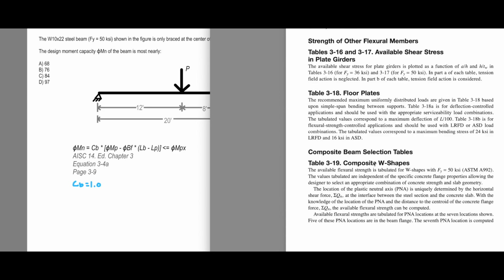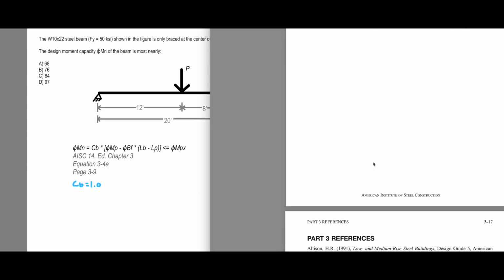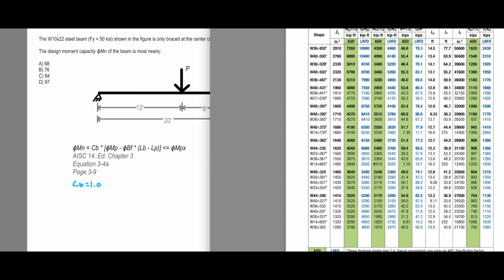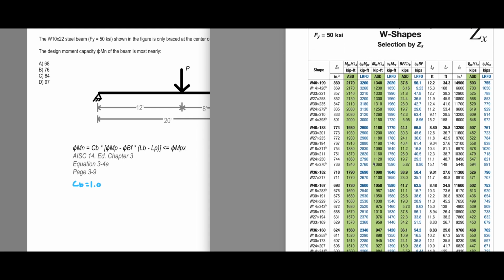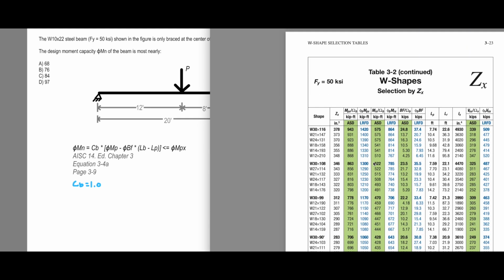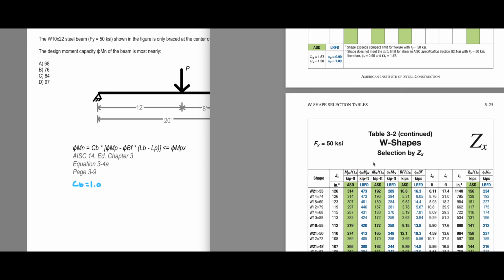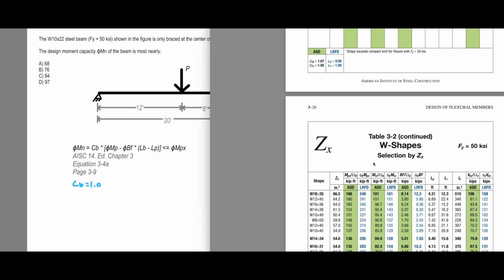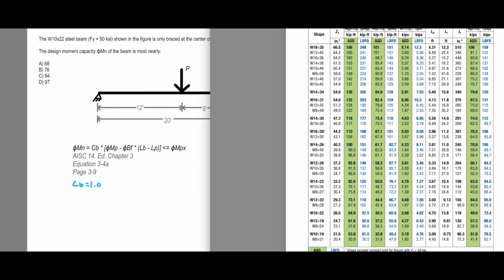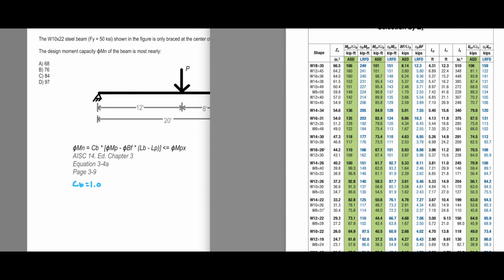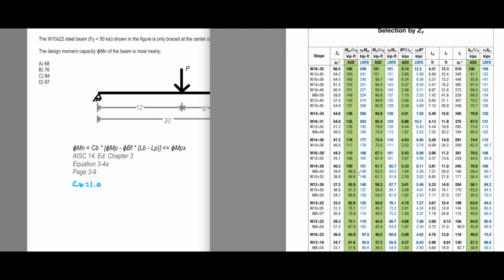So let's use our first design table, selection by Zx, table 3-2, and we're going to go down to page 3-26 to find, for a W10 by 22, what phi Mpx is. So for a W10 by 22, we look at phi Mpx and it's equal to 97.5.